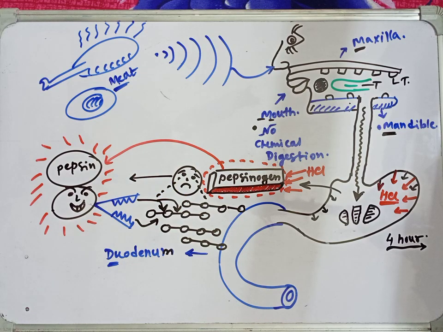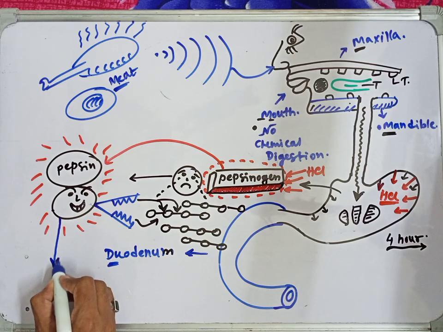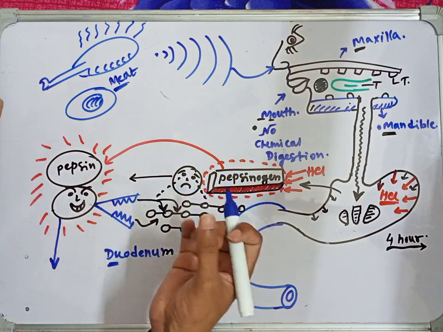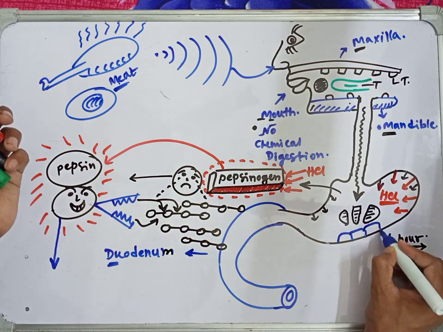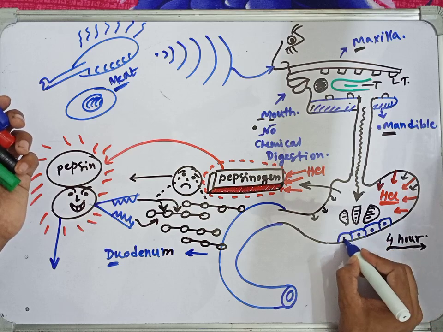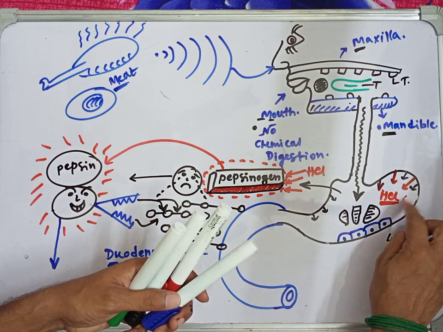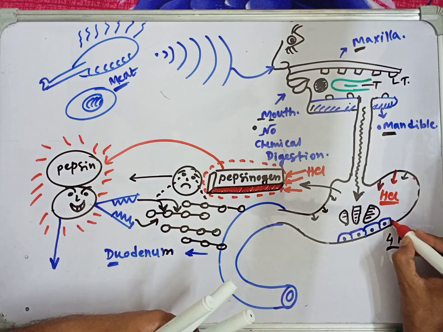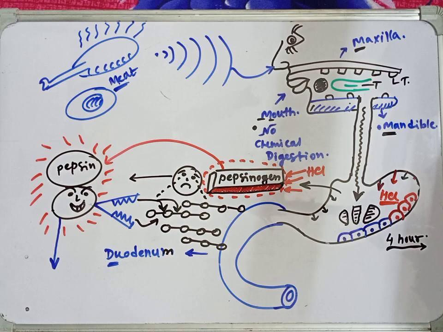And one more MCQ, one more short question for you. Which cell of our stomach is responsible for releasing pepsin? Can you tell me, my dear student? The stomach contains lots of different types of cells, and my question is which cell is responsible for production of pepsin.